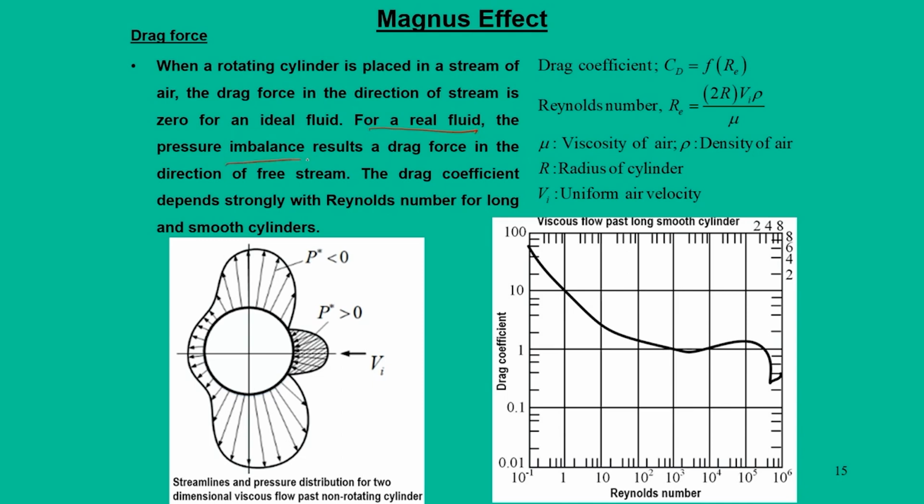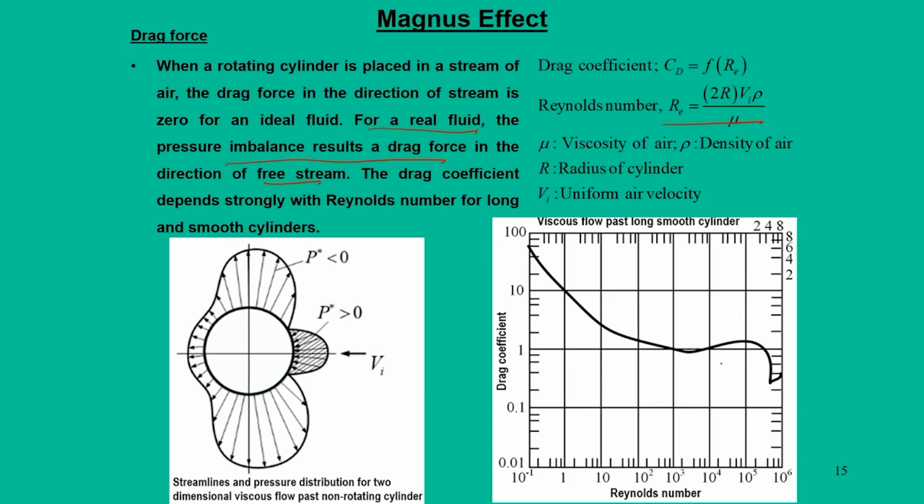That is the reason, for a real fluid, the pressure imbalance results in a drag force in the direction of the free stream. So, that is again a function of Reynolds number. Essentially, both lift and drag coefficients are functions of Reynolds number, and they have to be found from experimental observations.